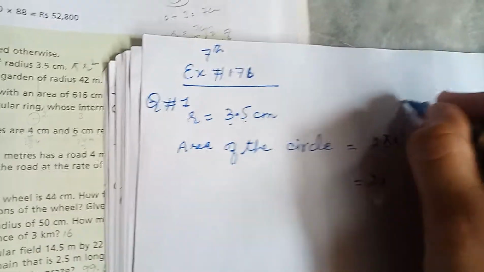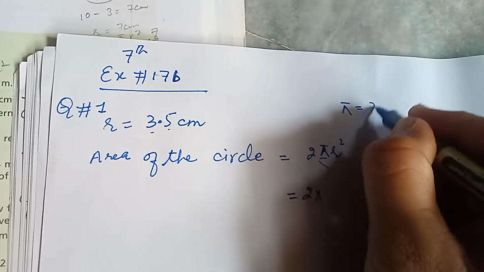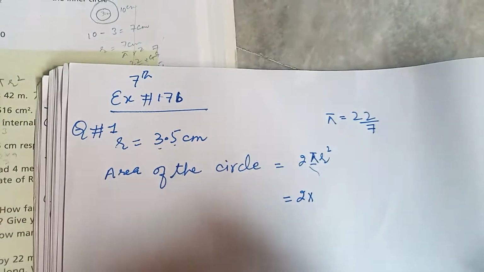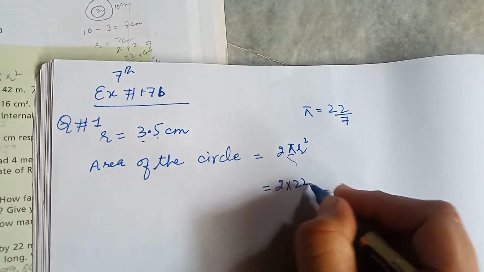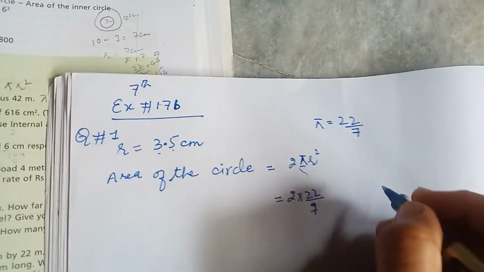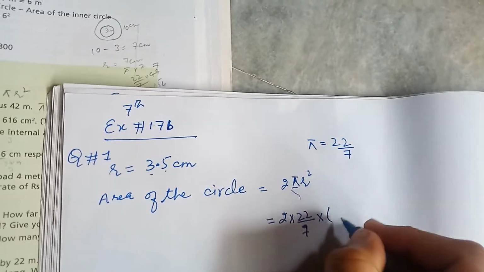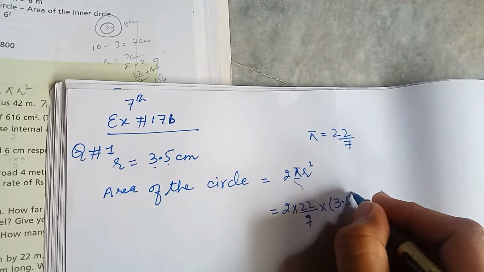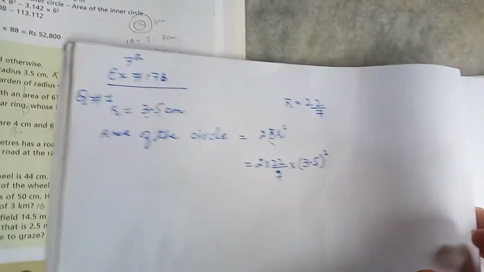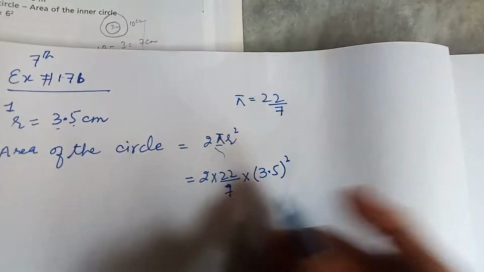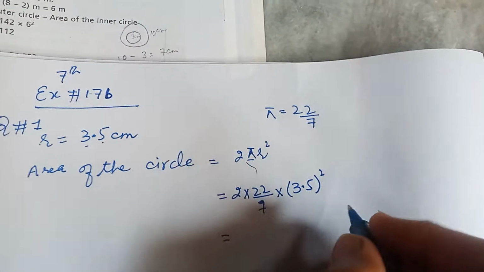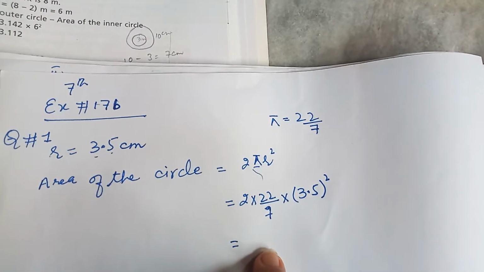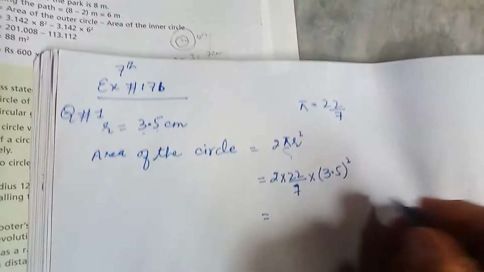Pi is equal to 22 by 7. And r is 3.5, squared. So now you have to calculate these amounts, and that will be the answer.